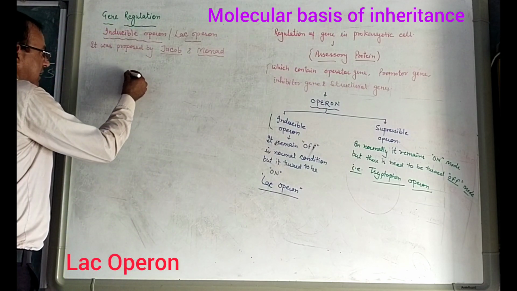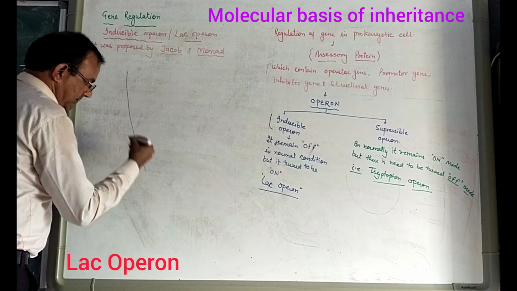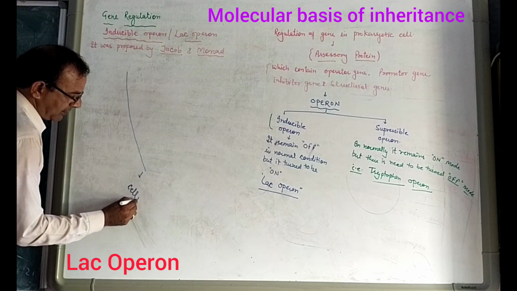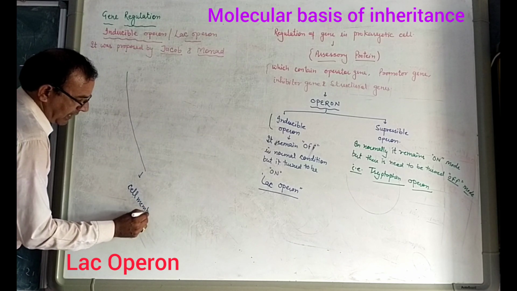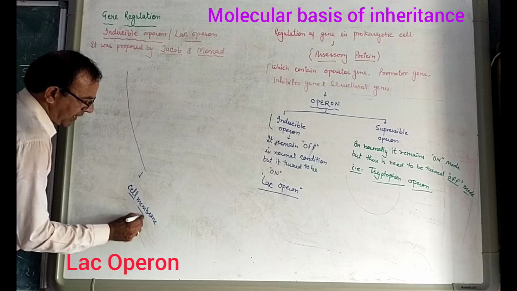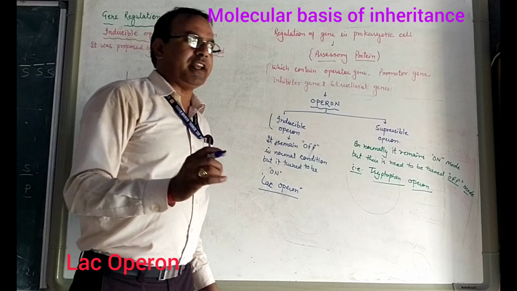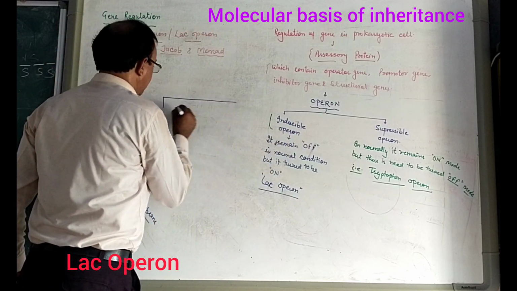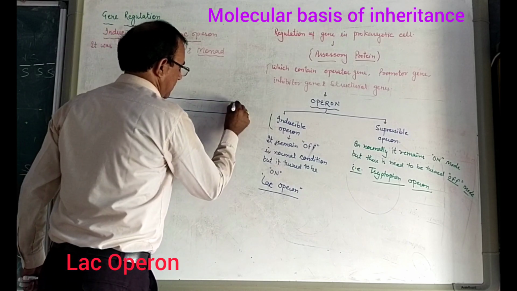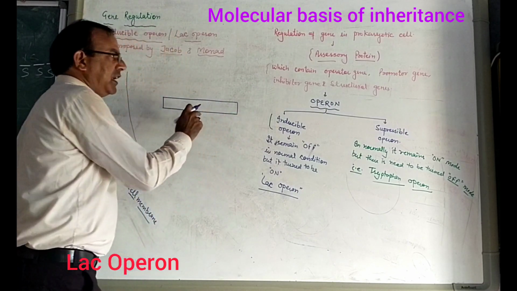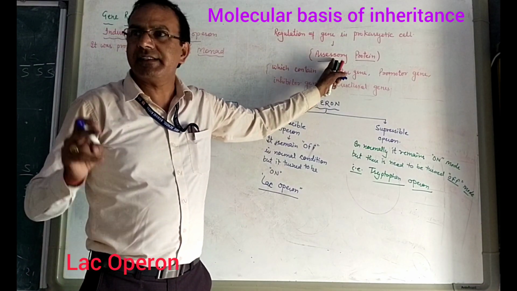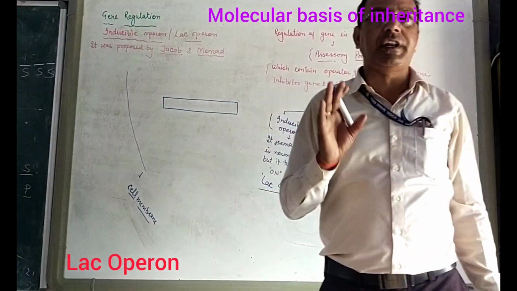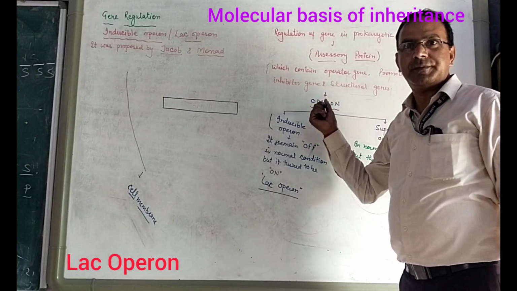Suppose this is the cell membrane, and just inside the cell membrane, a piece of DNA is present. This piece of DNA acts as an accessory protein, and this protein may consist of different types of gene.